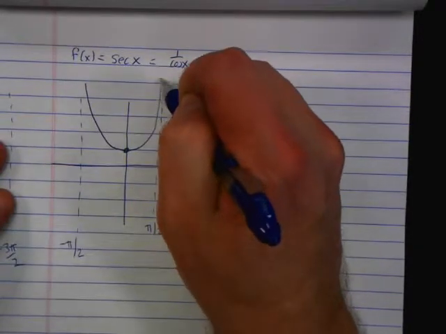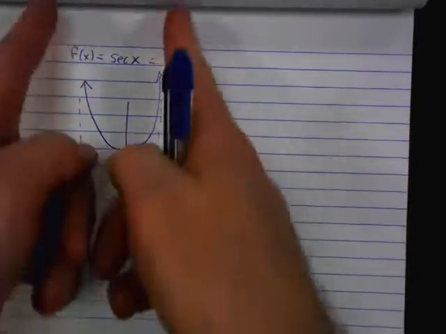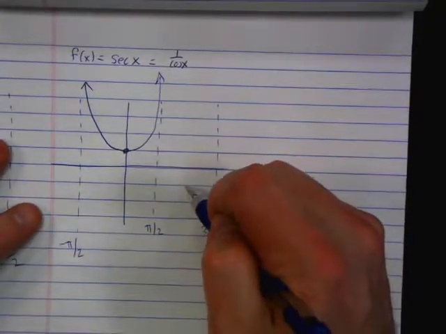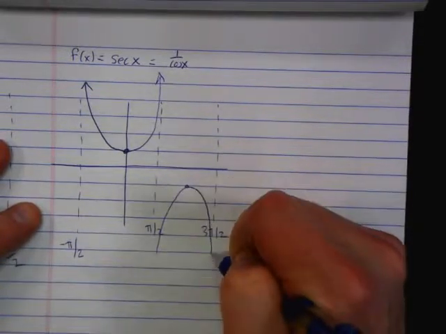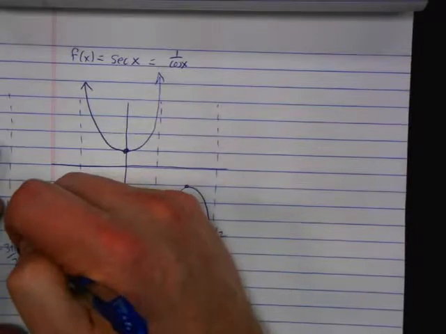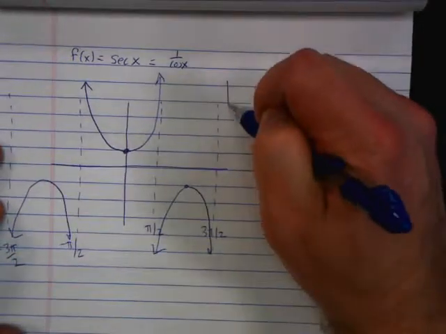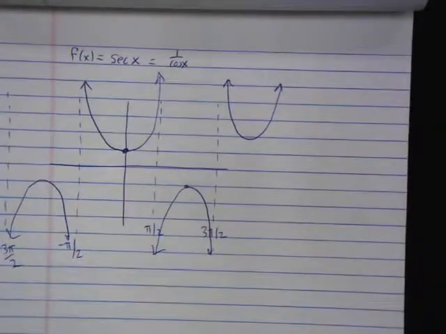Looks kind of like a little parabola, but it's really not a parabola. Parabolas don't have asymptotes, but it kind of looks like that. And then over here, I'm using angles in quadrants 2 and 3, so it's an upside down parabola looking thing. And same over here. And then it flips back, it goes this way again, that way again, on and on and on forever.